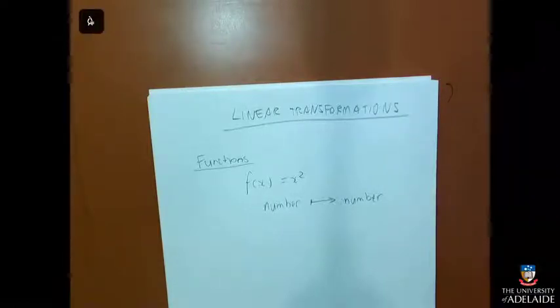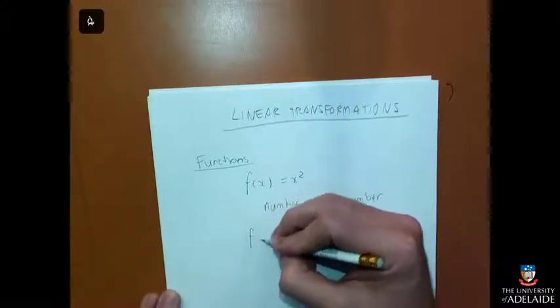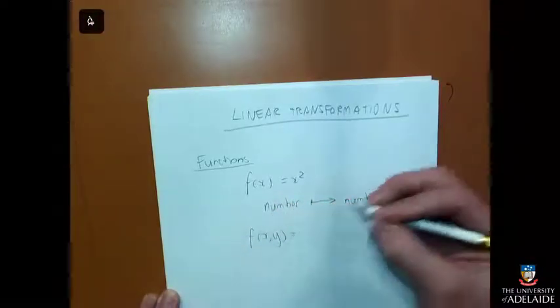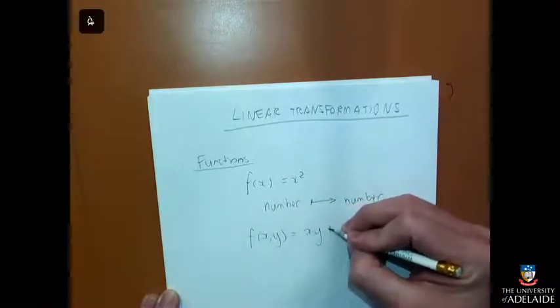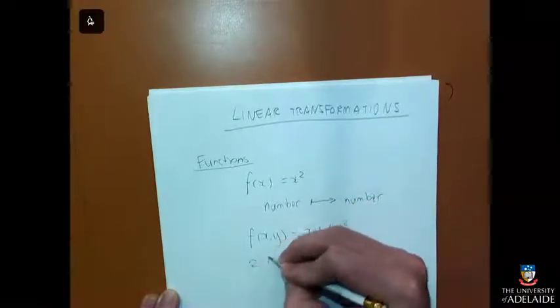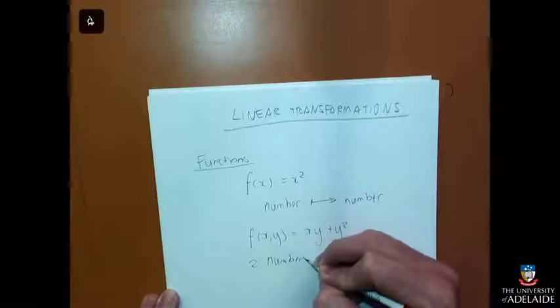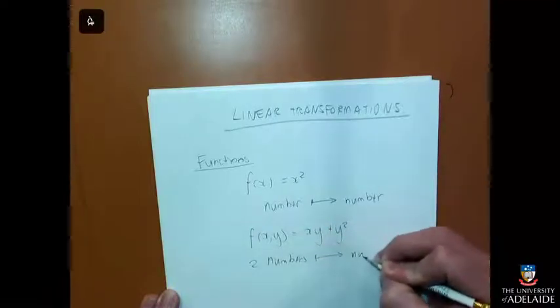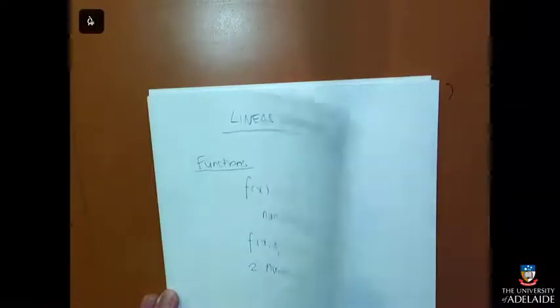And you've seen functions now in Maths 1B that take two numbers and produce a single number as the answer. So you've seen things like this. You get two numbers and you produce a number like that.